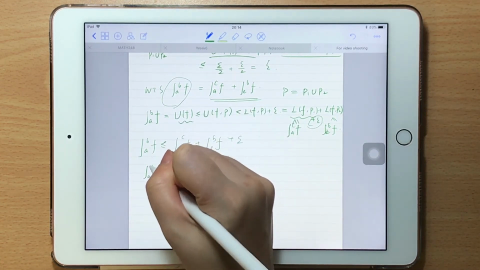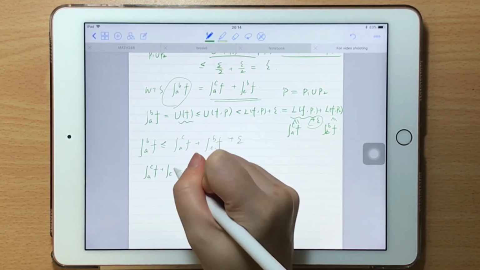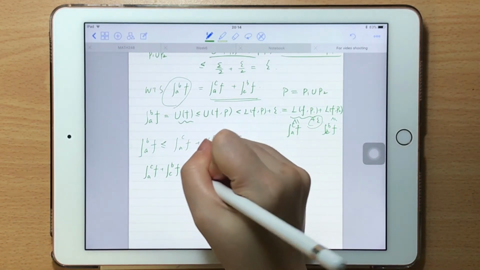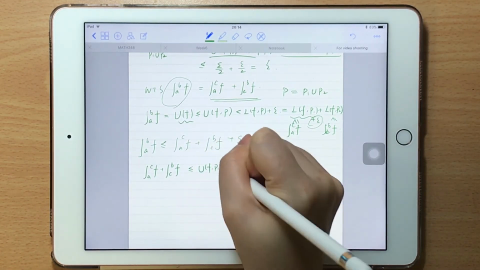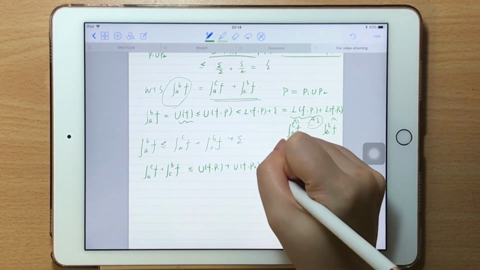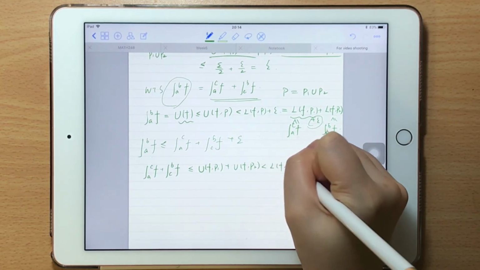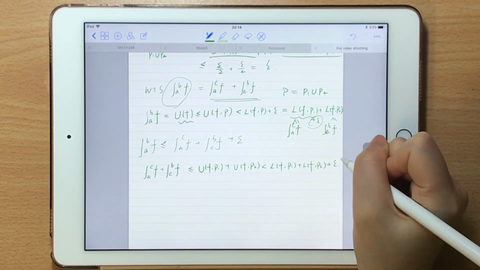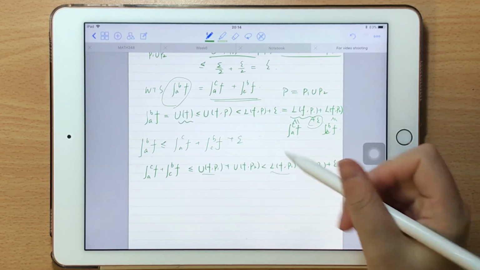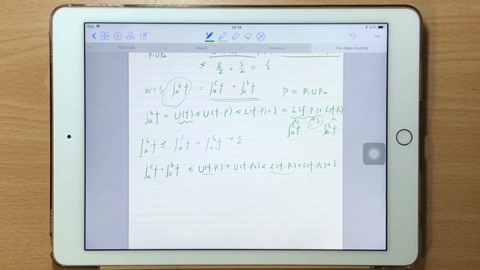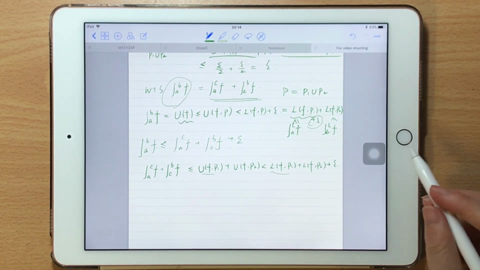Well, you can see the integral of f on AC plus CB is gonna be smaller than U(f,P1) plus U(f,P2), which is smaller than L(f,P1) plus L(f,P2) plus epsilon, right? Because this part minus this part is gonna be smaller than half epsilon, so 2 times half epsilon is epsilon, right?